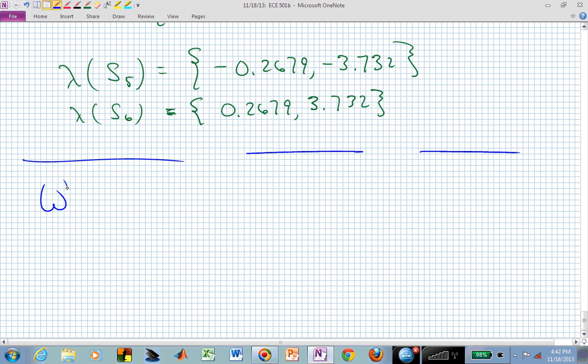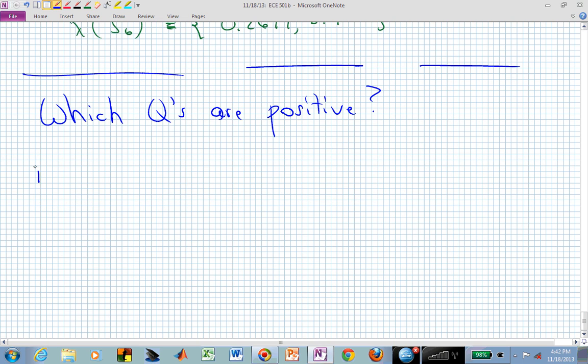So which Q's are positive? Suppose that I now had Q1 equal to 1, 0, 0, 2. Do you want to guess positive or not?